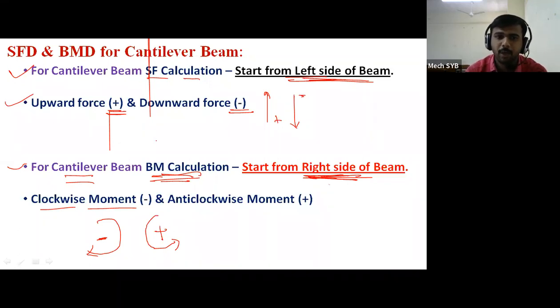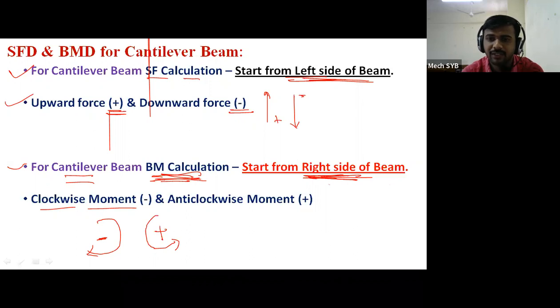Then next, for cantilever beam, BM calculation start from right side of the beam, and make double underline. Start from right side of beam.